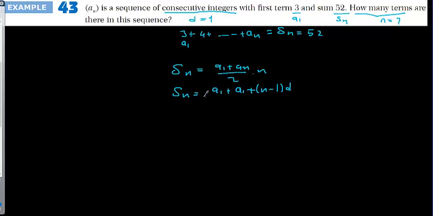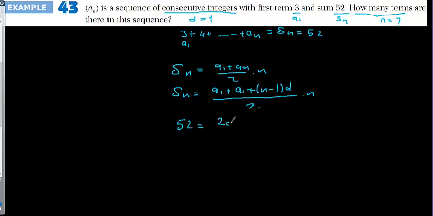That's why this method is going to be easier for me to find n. Then Sn is equal to 52.